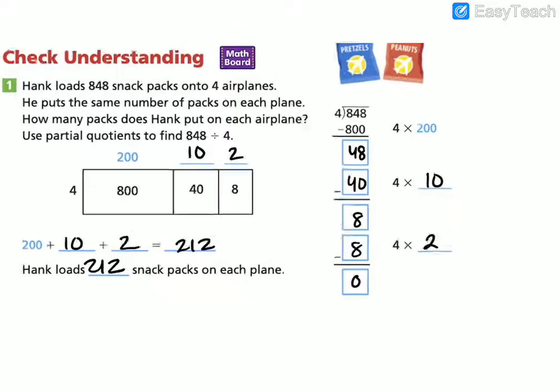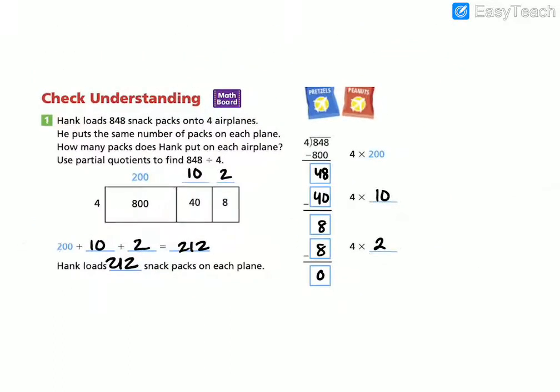Now I want to show you there's another way we could have done this with partial quotients, which you might have seen. So we have 848, we're still dividing by 4. Okay, I found my first multiple was 800. Now some of you might have seen this. We had 48 remaining. 48 is a multiple of 4.